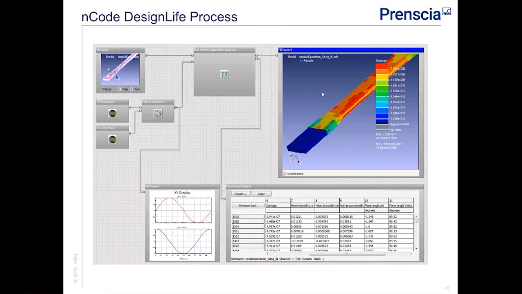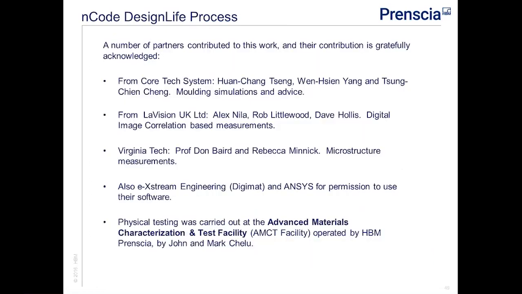Okay, I'm going to go to my concluding remarks and take questions in a minute, but first of all, I just wanted to acknowledge the help that we've had from some other people in putting all this work together. When it comes to moulding simulations and advice, we've had a lot of help from the MouldX 3D people, from Cortex System.